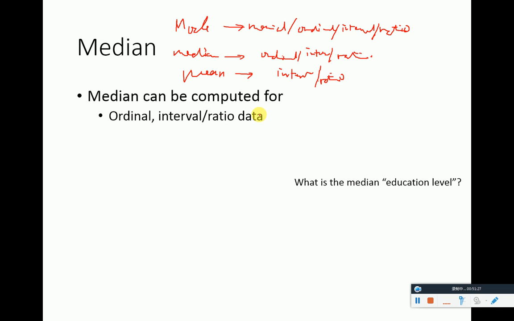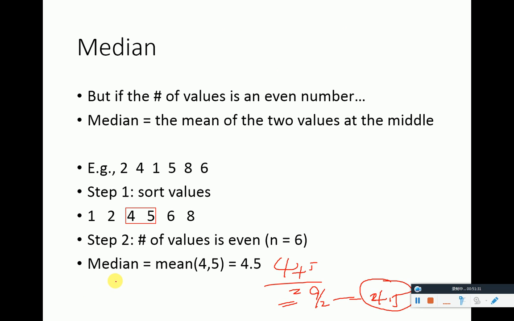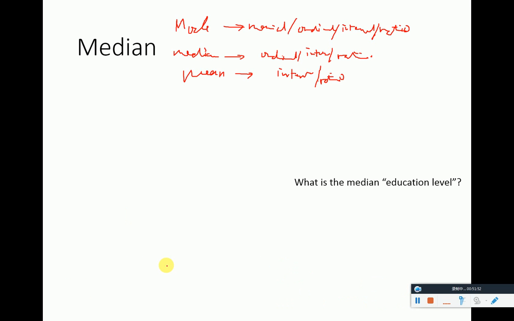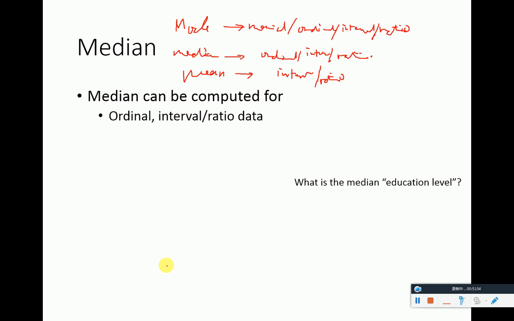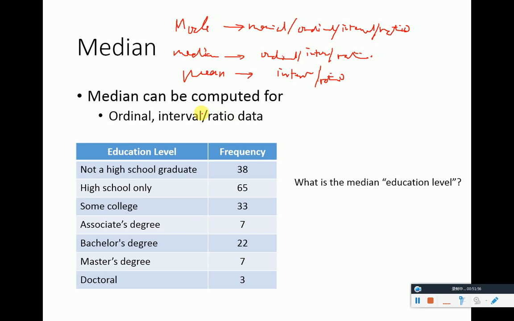Okay, so we just saw in the previous slide how we can find the median for interval continuous variables, right? Numbers as values. But now, how do we find the median for ordinal variables?